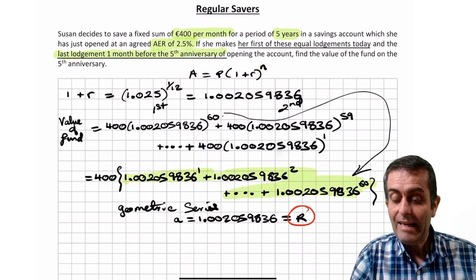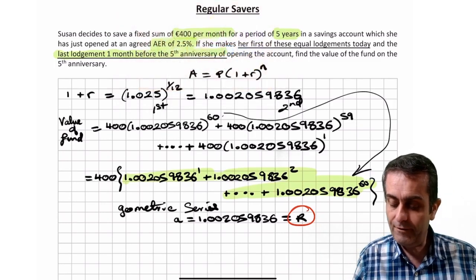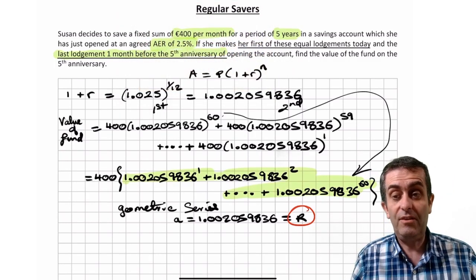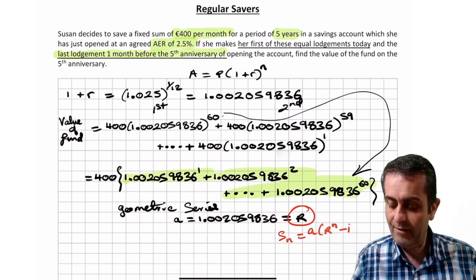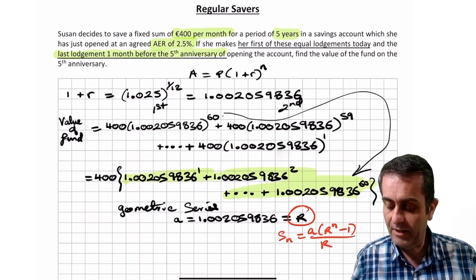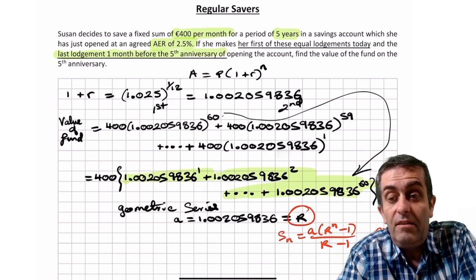Okay. Now, the next thing we think about is the sum of the first n terms of a geometric series. We have Sn equals A into r to the power of n minus 1 divided by r minus 1. Because r is bigger than 1, I have swapped around the top line in the formula in the log tables.